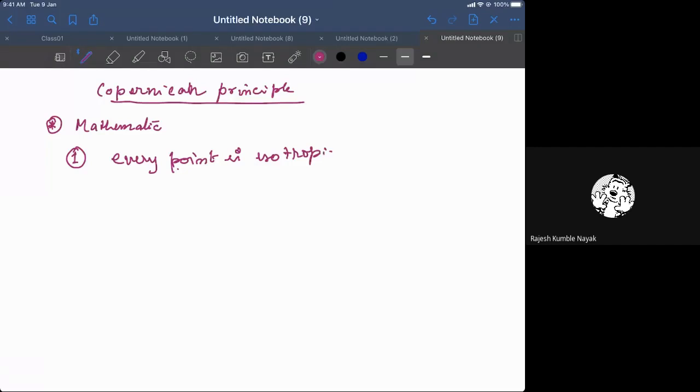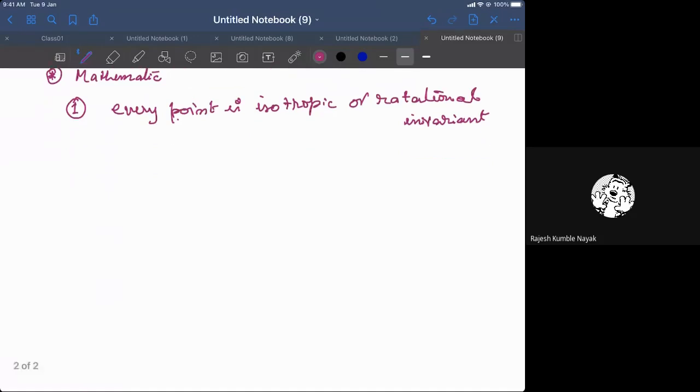That means you would not see any difference when you stand at one point and rotate about it. So that is rotational invariance at every point, not just at one point. Because the universe looks the same at every point, this condition should be satisfied. That is the first condition.